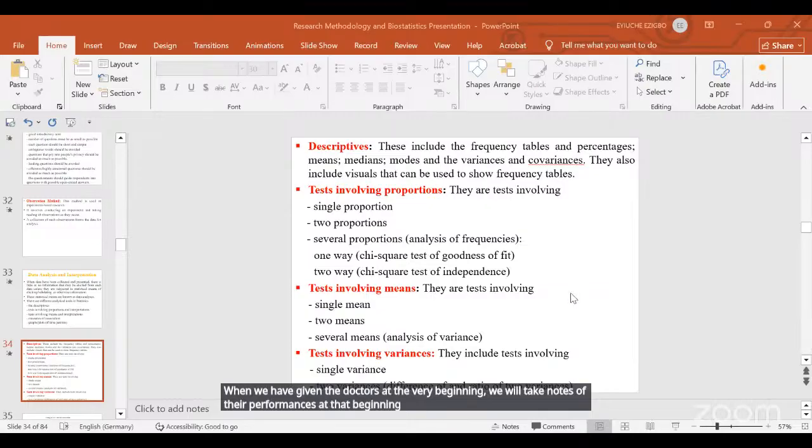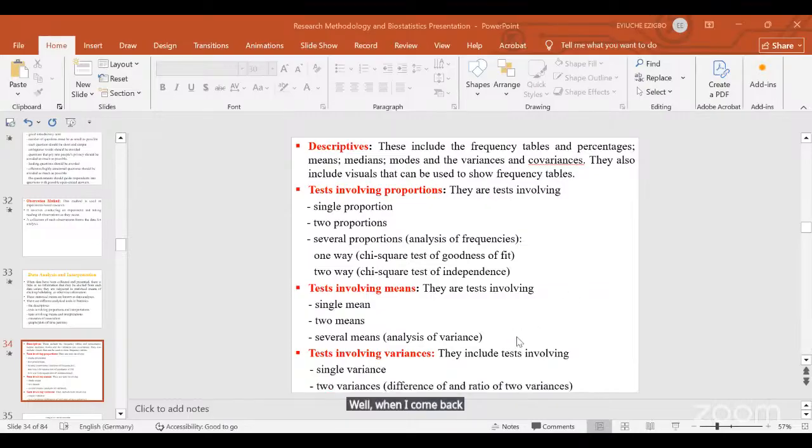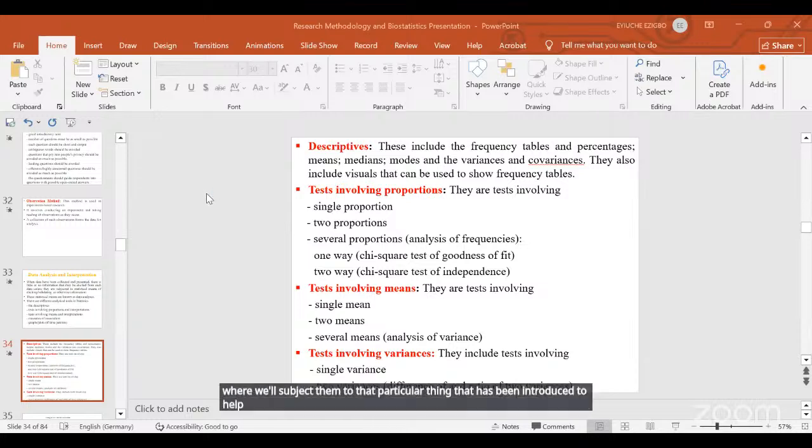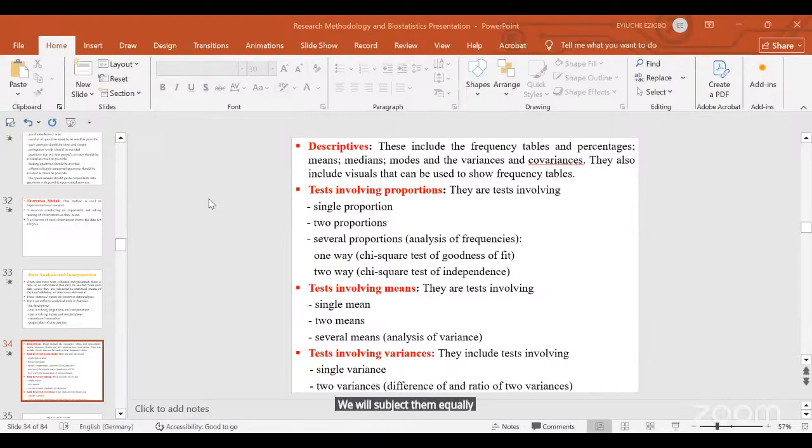When we have done that, we will now bring about that particular help, which is the intervention. We will subject them to that particular thing that has been introduced to help them in that situation. We will subject them equally to that particular strategy of improvement.